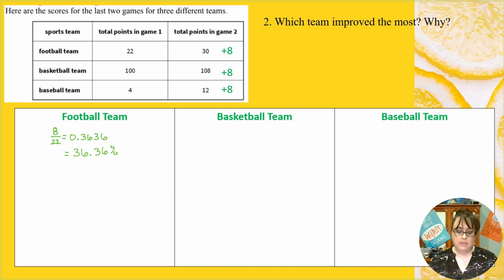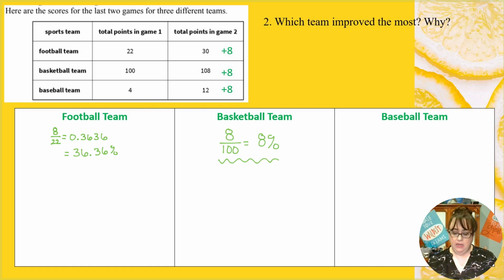Well, the basketball team had an 8-point increase when they started with 100 points. That's a nice one. I can do that one. That was an 8% increase. So their 8 points does not look nearly the same as the football team. Right now, the basketball team seems to have less improvement than the football team. The football team is improving more than the basketball team.